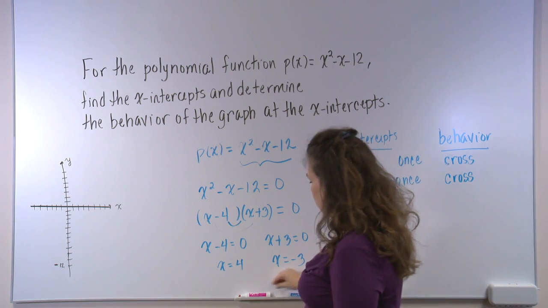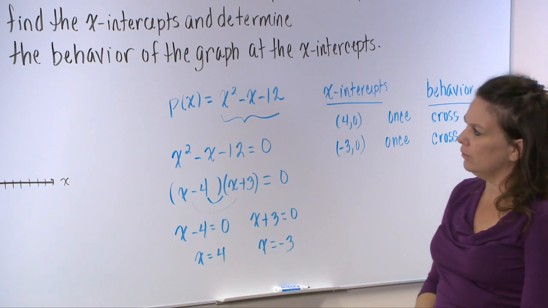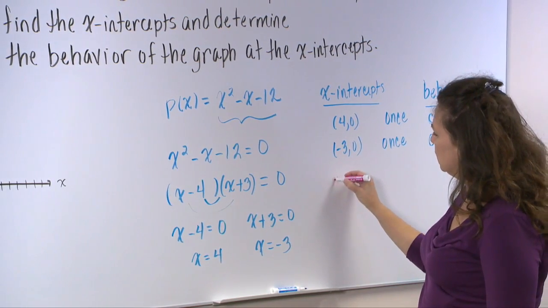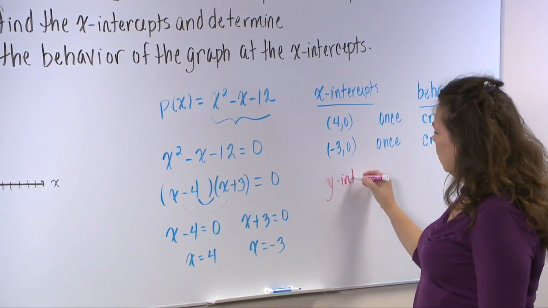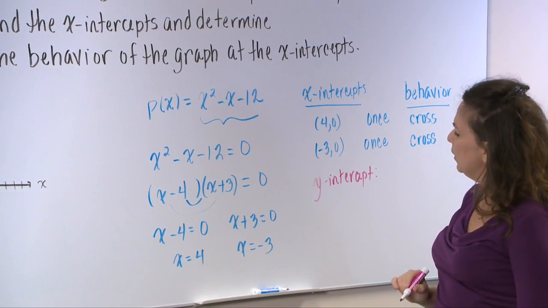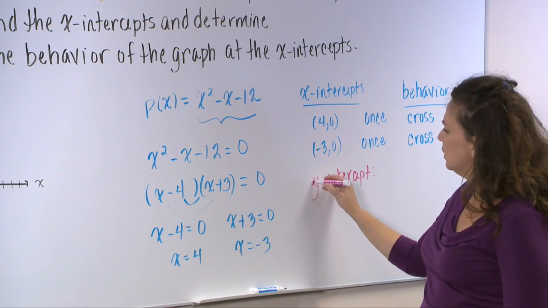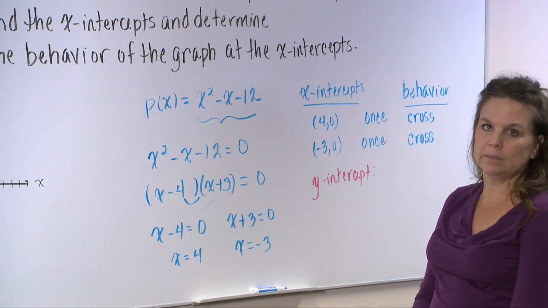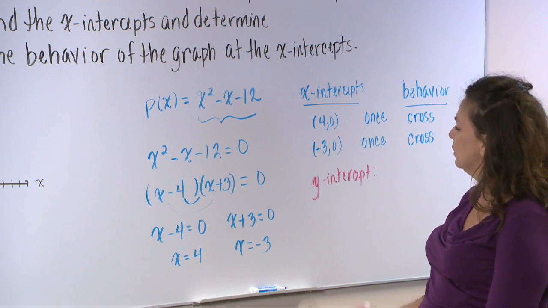The other item I'd like to determine, I'm going to make a quick sketch of the graph here in a minute, is the y-intercept. The y-intercept is when x is equal to 0. It's the point where the graph crosses the y-axis. So again, that's when x is 0.